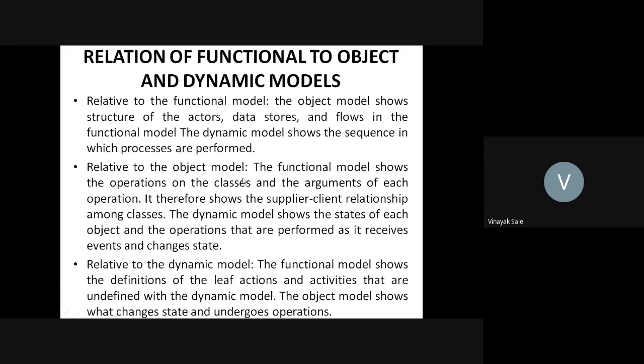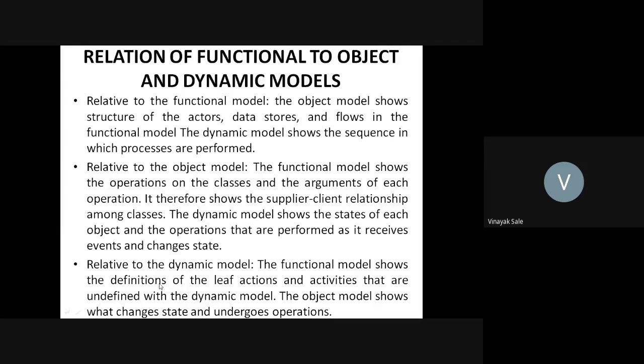Relative to the object model, the functional model shows the operations on classes and the arguments of each operation. It therefore shows the supplier-client relationship among classes. The dynamic model shows the states of each object and the operations that are performed as it receives events and changes state.